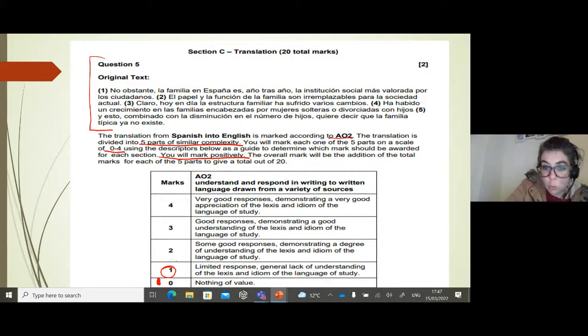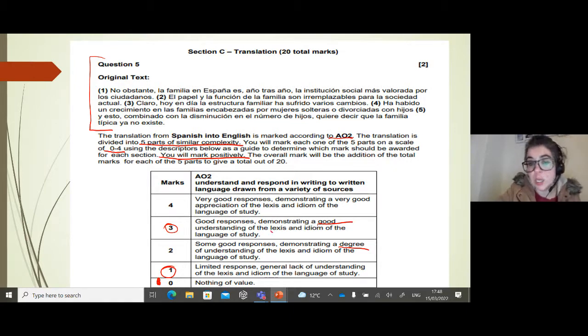So 1 for limited response, general lack of understanding of the lexis and the idiom of the language of study. 2, some good responses demonstrating a degree of understanding of the lexis and idioms of the language of study. You get 3 if your parts of the translation are good responses, demonstrating a good understanding of the lexis and idiom of the language studied.